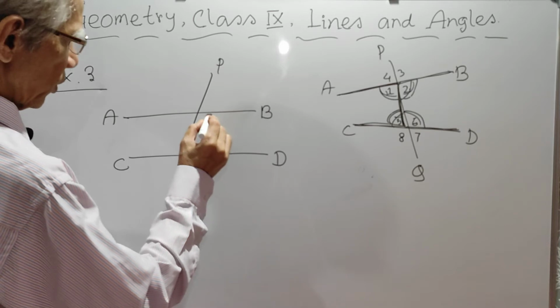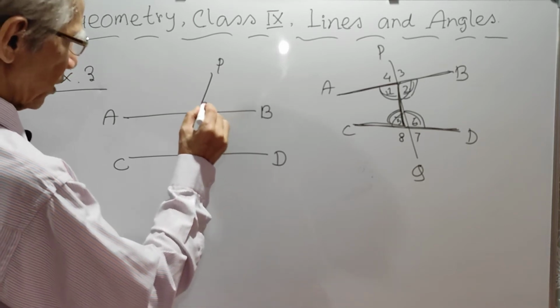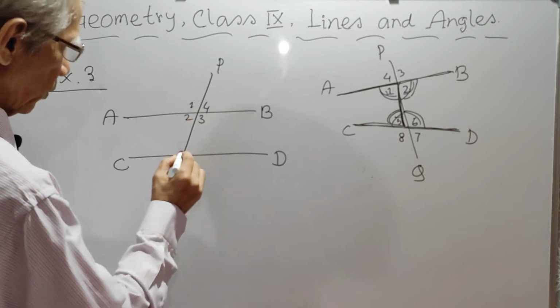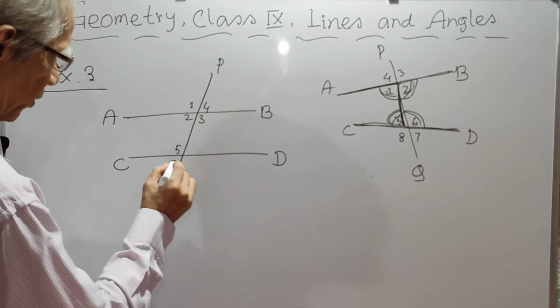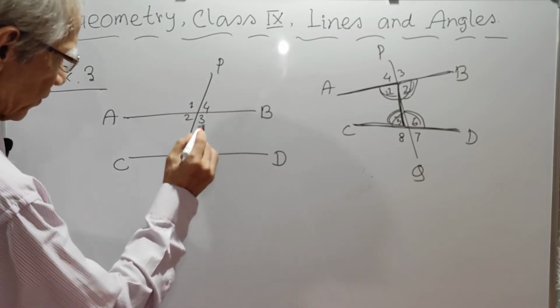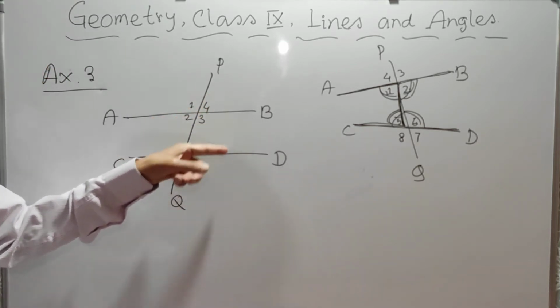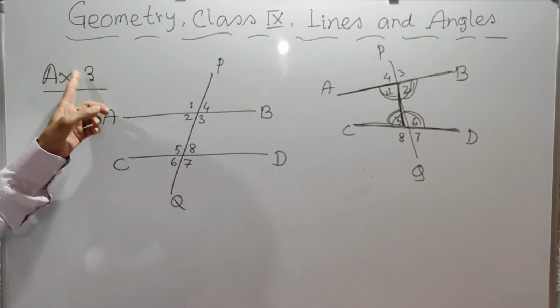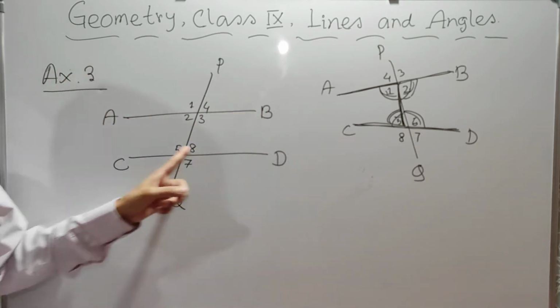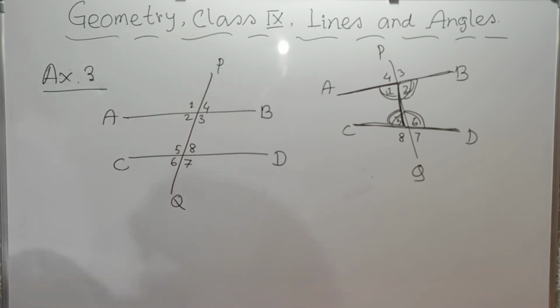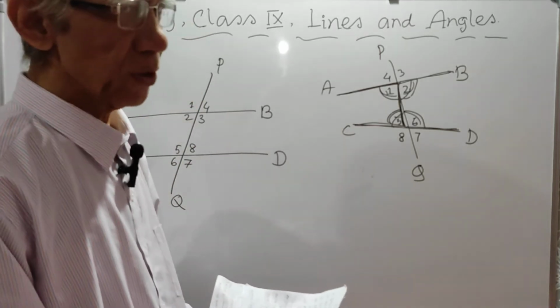So suppose, let us say, number 1, 2, 3, 4, 5, 6, 7, 8. So this is angle 1, this is angle 2, angle 3, angle 4, like that. So this axiom says if two parallel straight lines are intersected by a transversal, then corresponding angles must be equal.